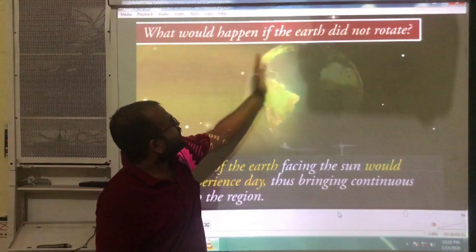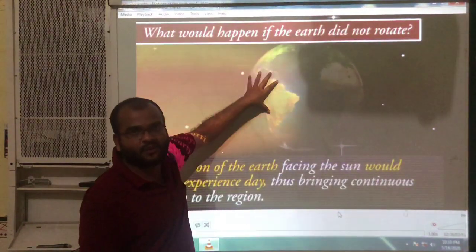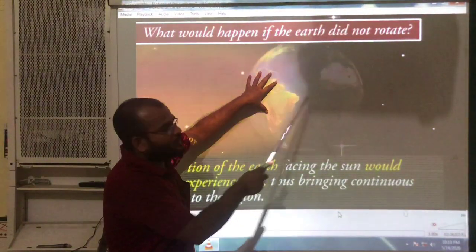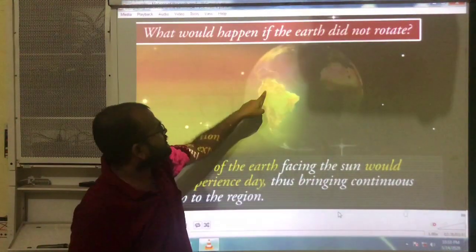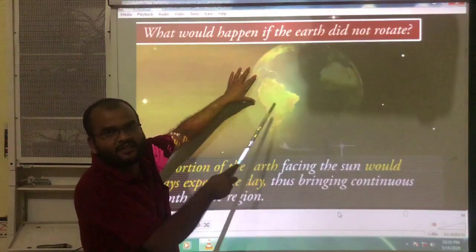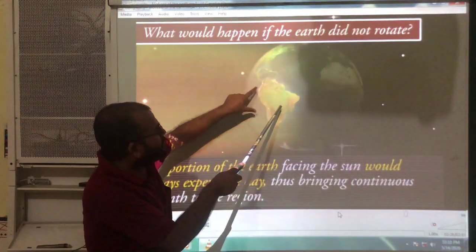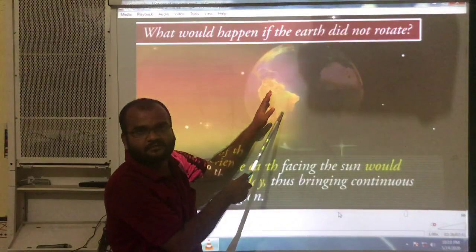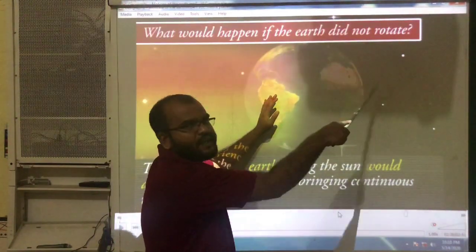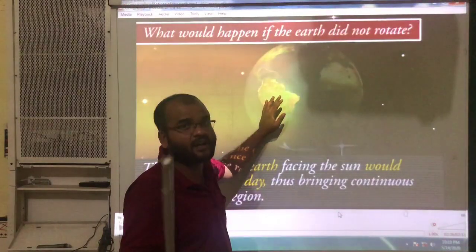What happens? Half side sun rays are falling, here daytime and here night time. That will be like that always. Do you know this continent? South America, North America. In this portion sun rays are falling, and on this Africa, Asia side sun rays are not falling.